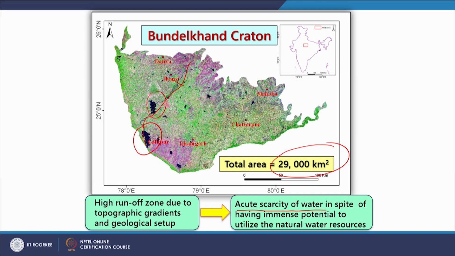But still there are areas which you can delineate very easily in satellite images where efforts are now required, so that the entire Bundelkhand Craton becomes green in a true color image, available on the net, be it a MODIS image, Landsat image or IRS image, it does not matter. These are the areas which should be targeted now.